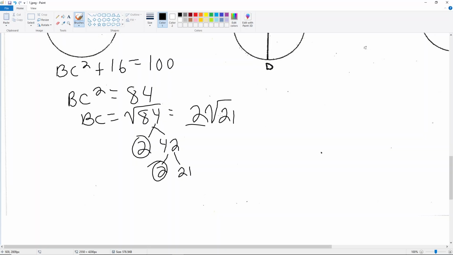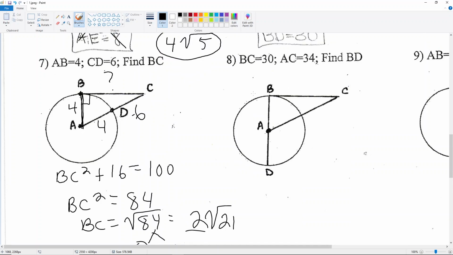The other way to do it is a formula that we'll use later on. When you have a tangent segment that goes out to an external point, BC squared equals the outside part, which is CD, 6 in this case, times this whole segment that's part of a secant: the chord plus the part outside the circle that goes to that exterior point. That's 6 plus 4 plus 4, which is 14.